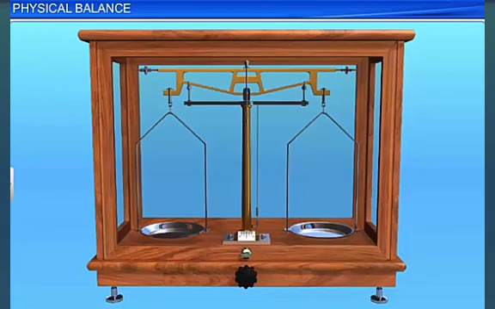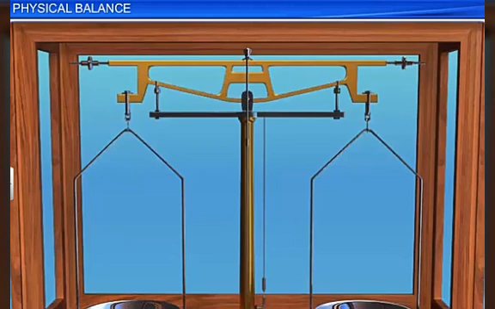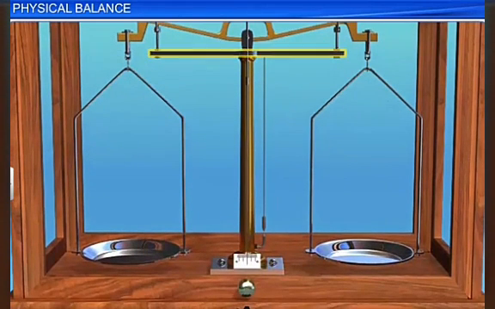The physical balance consists of a light and rigid beam of brass. The beam is mounted at its center on a knife edge, resting on a steel plane surface at the top of a metallic pillar. The pillar is fixed to a wooden base.